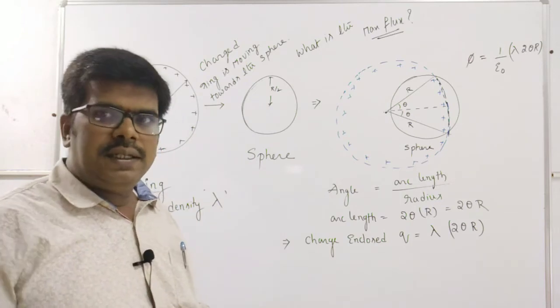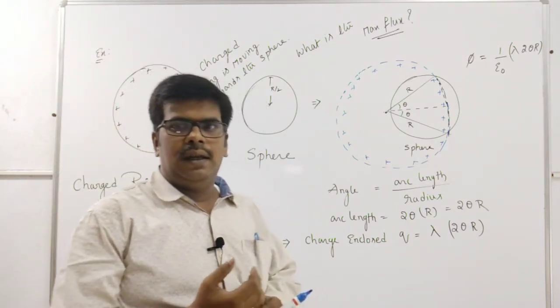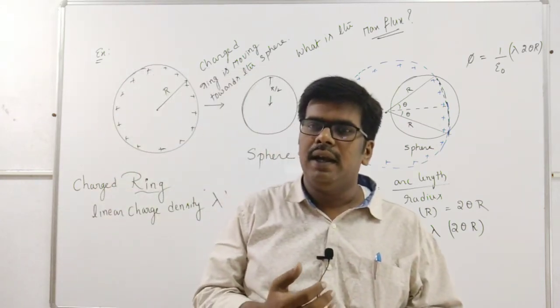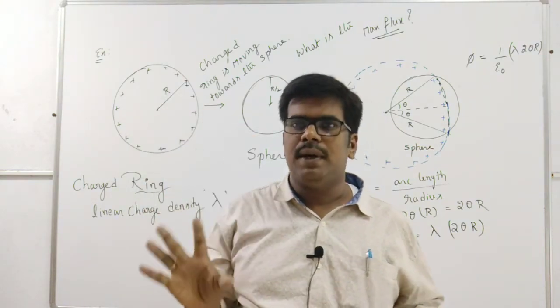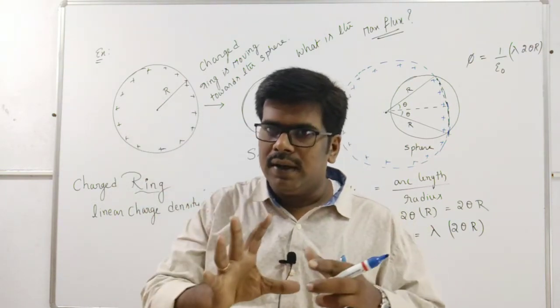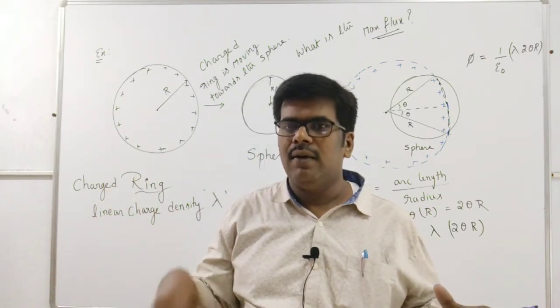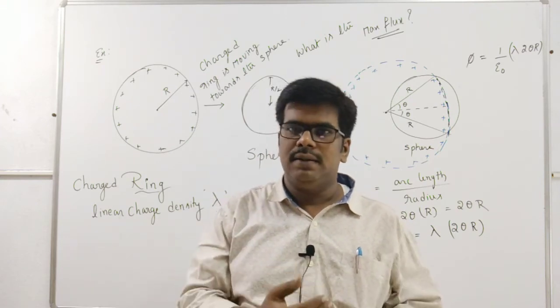If a point charge is located exactly at the center, what is the flux through the entire sphere? Inside the sphere, if a charge q is present, the flux through the complete sphere, according to Gauss law, is nothing but 1 by epsilon naught times the net charge.